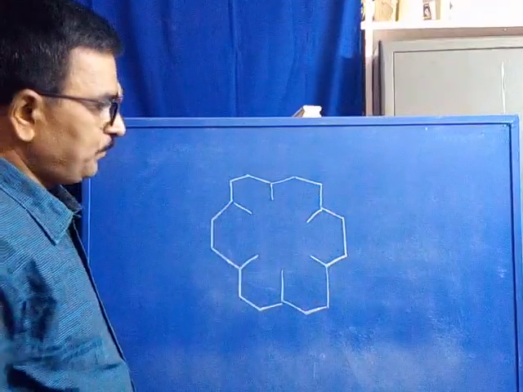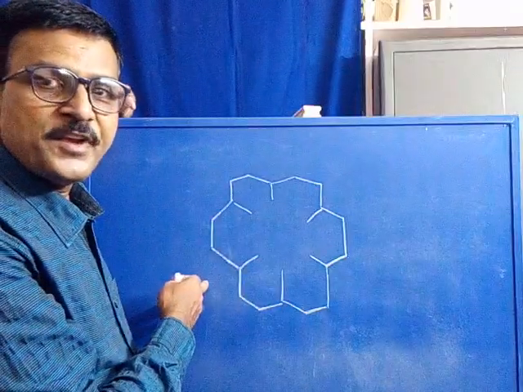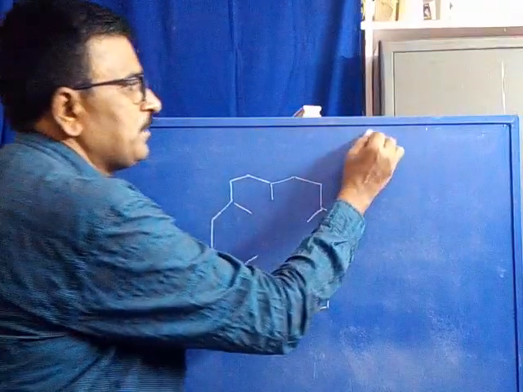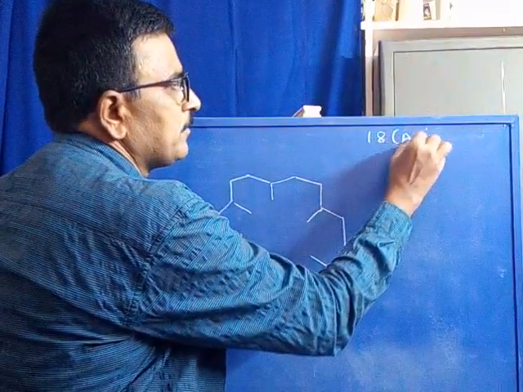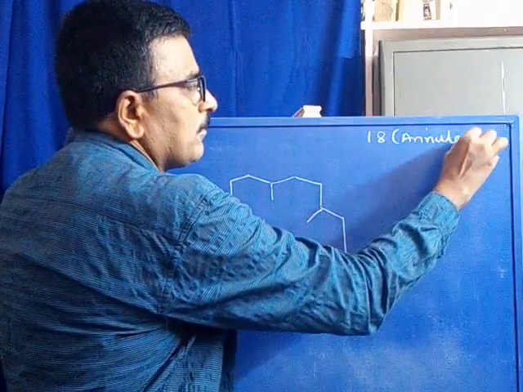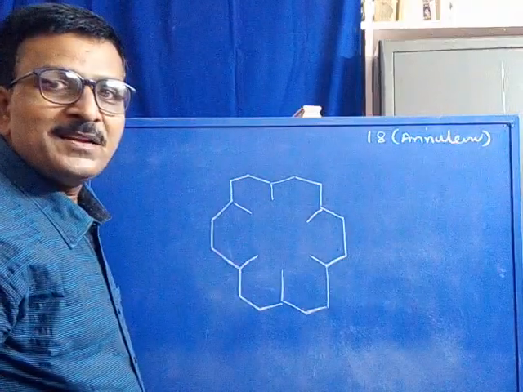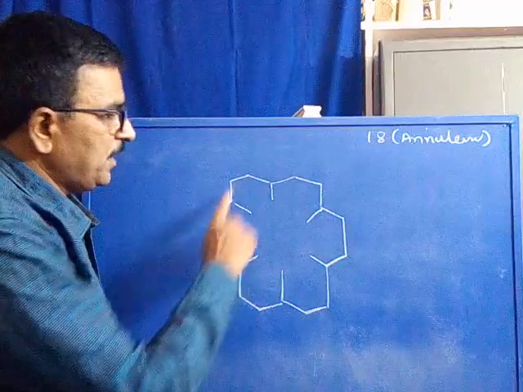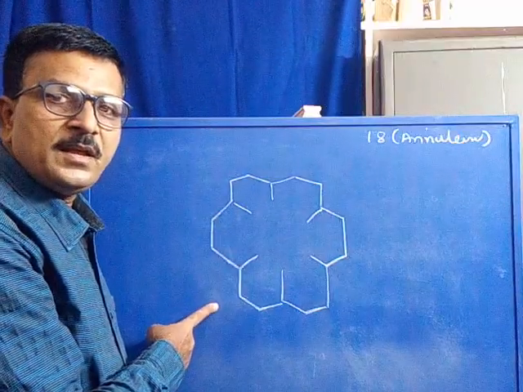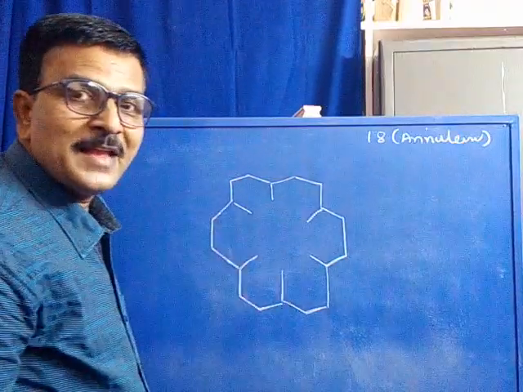Now, there are 18 carbons in the ring, therefore it is [18]annulene. So depending upon the ring size, it can be named. There are 18 carbons associated, hence it is regarded as [18]annulene.